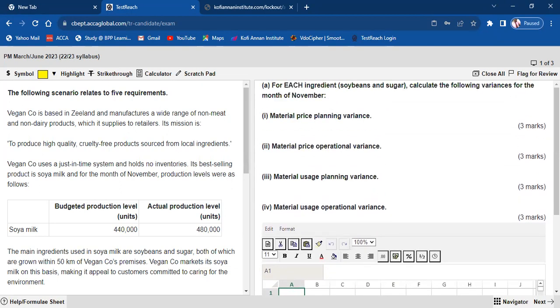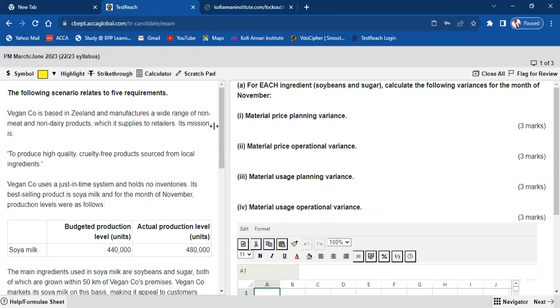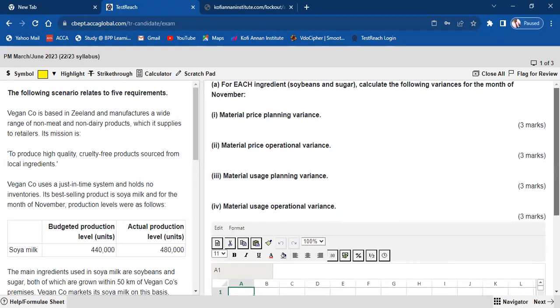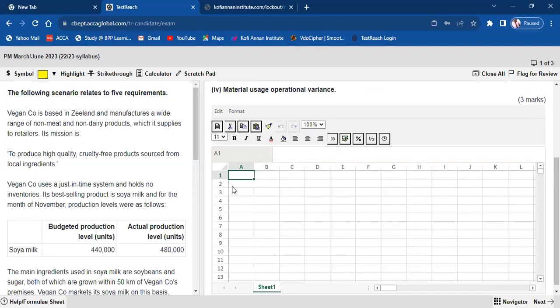For each ingredient, soybeans and sugar, calculate the following variances for the month of November. These are planning and operational variances. Revision.